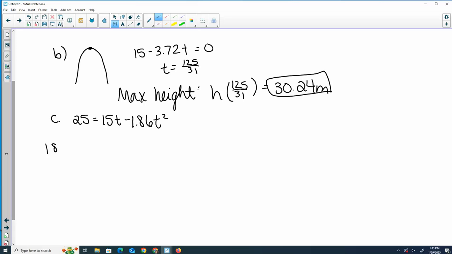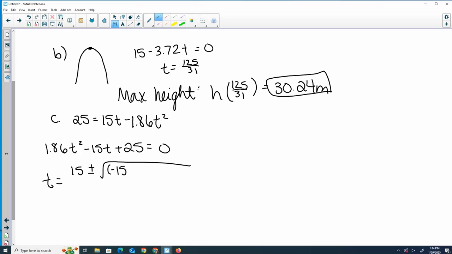If you set this equal to 0, then you can do quadratic formula, so the opposite of b plus or minus the square root of b squared minus 4 times a times c, over 2.